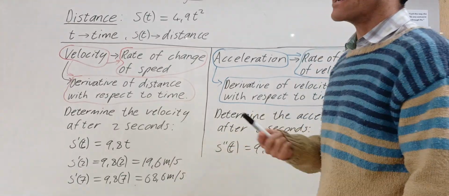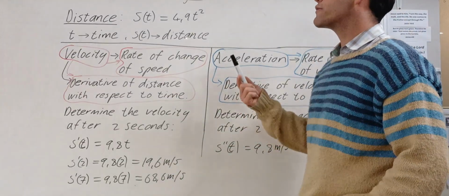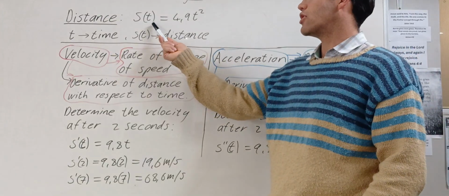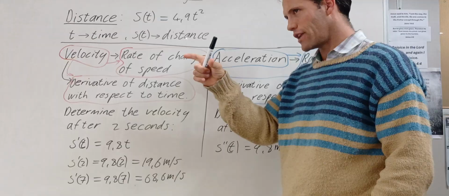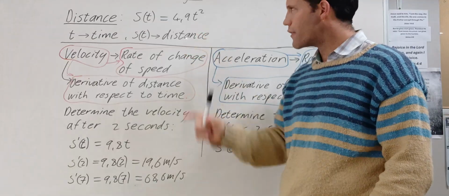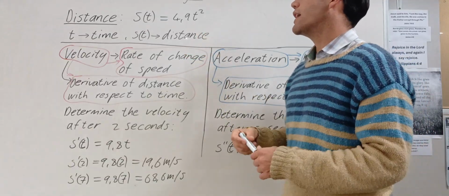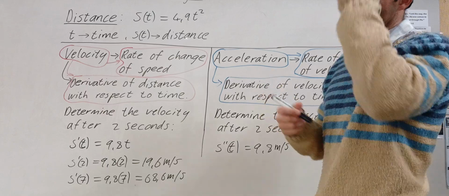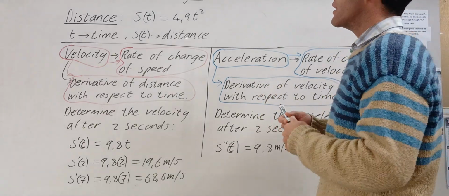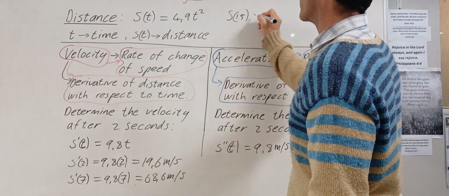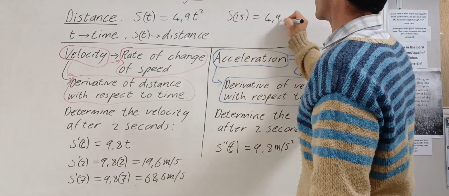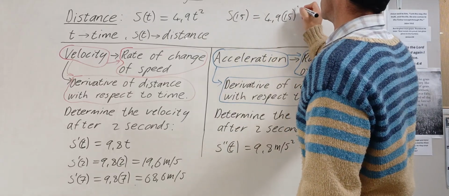But now let's say the question says after 15 seconds. After 15 seconds, the rock that you threw down the hot air balloon, after 15 seconds it hits the ground. And the question is how high was the hot air balloon? Okay? So if it says after 15 seconds it hit the ground, then you can say 4,9 times 15 squared.